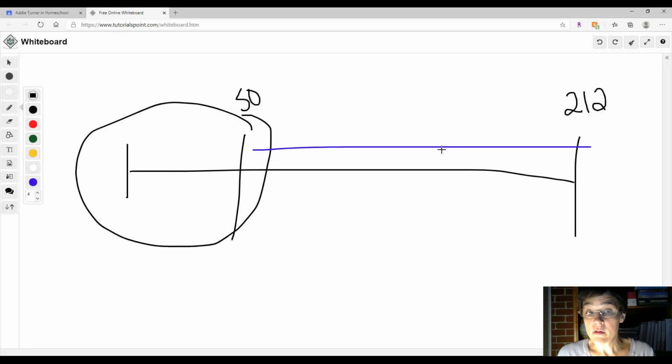When you got a whole and then you know a part but you don't know the other part, you subtract. And these are not negatives. These are just regular whole numbers. So you'll need to just subtract this, because 212 is the whole thing minus what we know. And the answer is the part we don't know. That's the other part. So the answer will be how many degrees more it needs to rise.